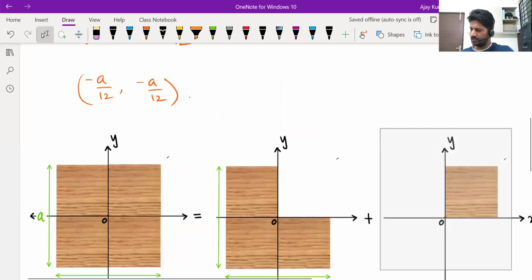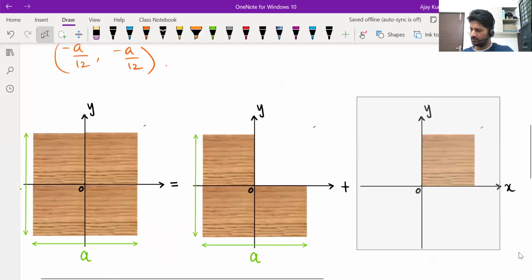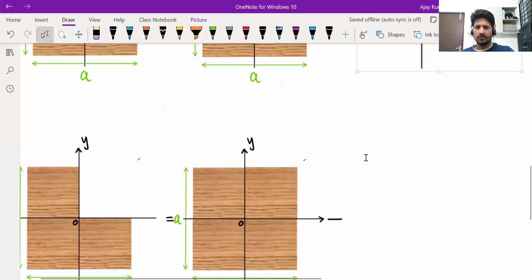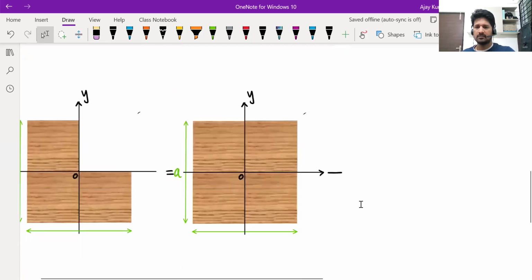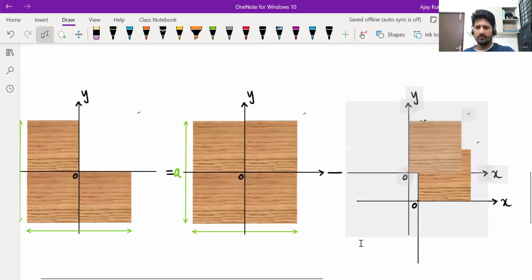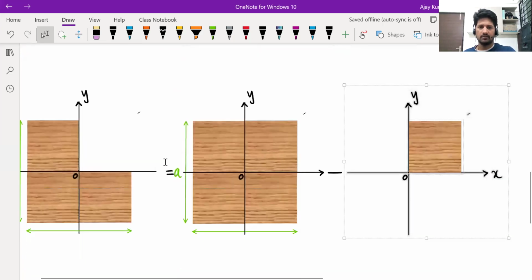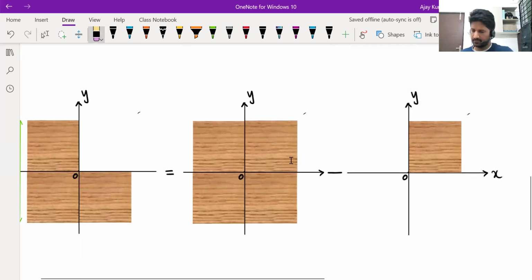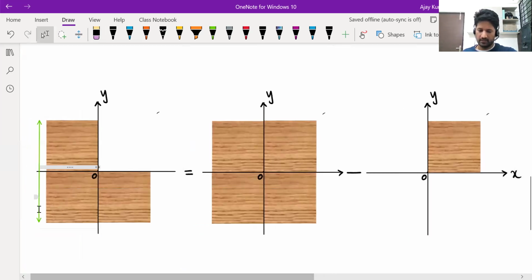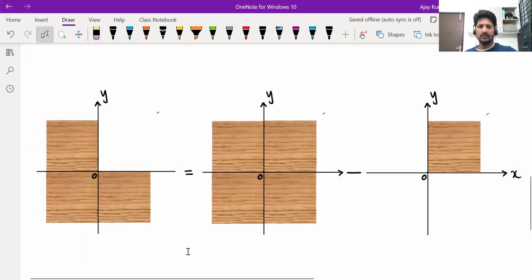The L-shaped object is the combination of a full square minus this small square part. You are asked to find out the position of center of mass of the L-shaped object. The idea here is to treat the given system.